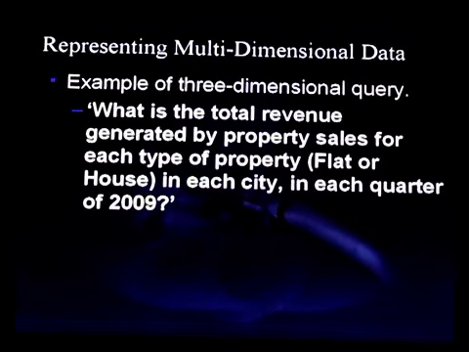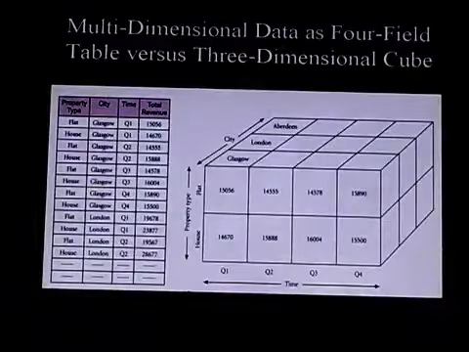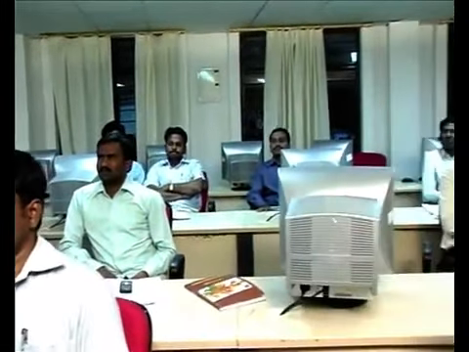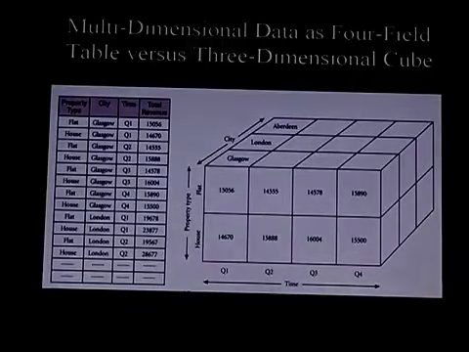The total revenue is calculated and shown here. So if you see the diagram, when one more dimension is added, the physical representation of a 2-dimensional representation became a 3-dimensional representation, which we call a cube. So this is a cubic structure, physical structure. Is it clear? So this is how the measures are computed.